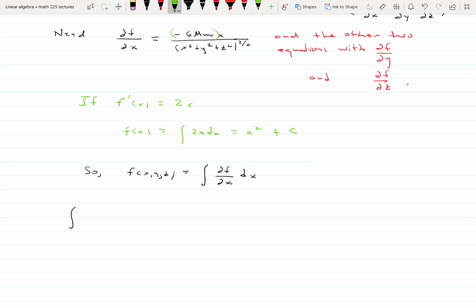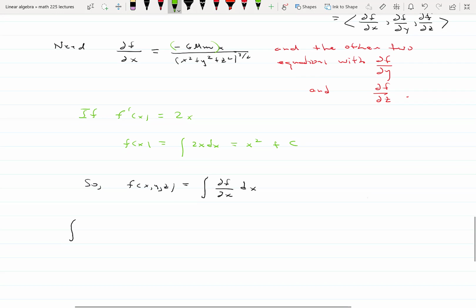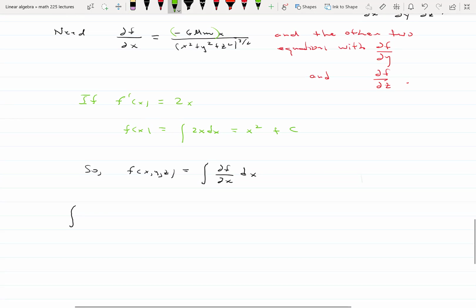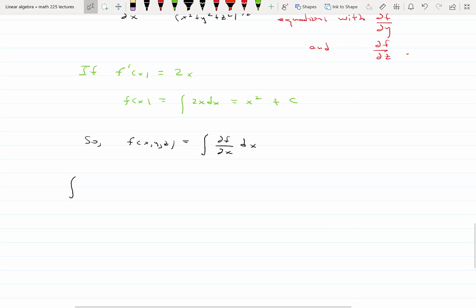Let's just integrate the function without that constant, and then put the constant in at the end when we construct the function. So we're looking at the integral of x over x squared plus y squared plus z squared to the 3/2 power with respect to x.